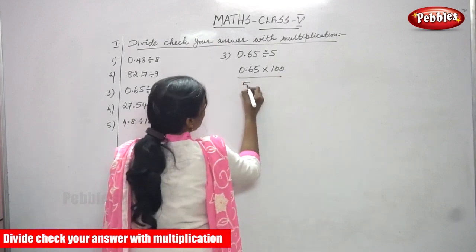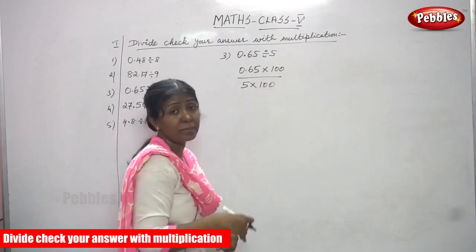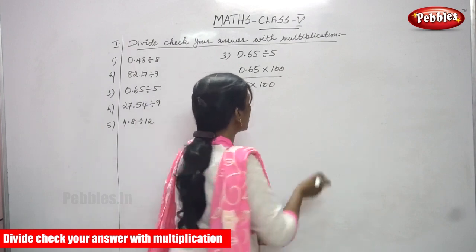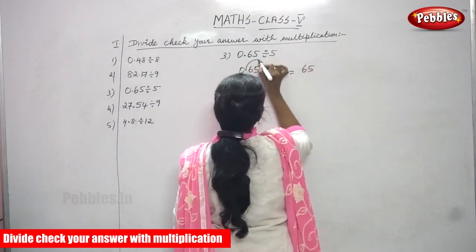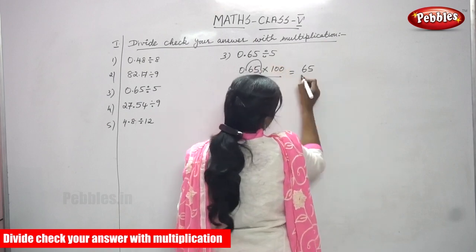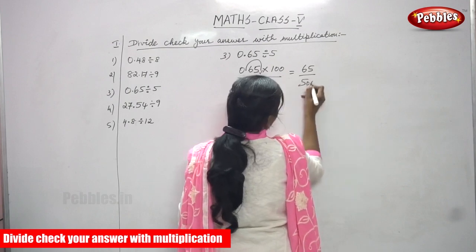Because if the numerator is multiplied by 100, the denominator is also multiplied by the same number, that means 100. So you get 65 because the decimal point moved 2 places to the right. After that what will come? 65 divided by 500.